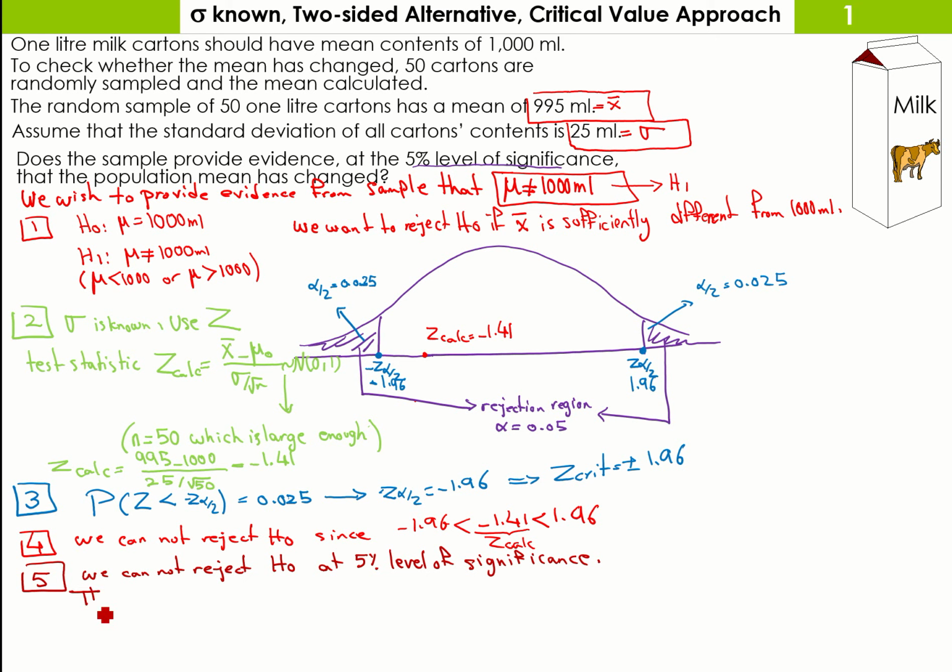It means that the sample does not provide enough evidence against H0.